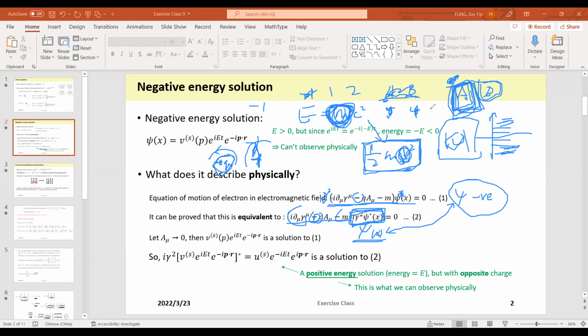I'm not saying the argument of forcing it into a positive energy, those arguments work fine, I think. But I'm just saying, why can't we define it the other way around?